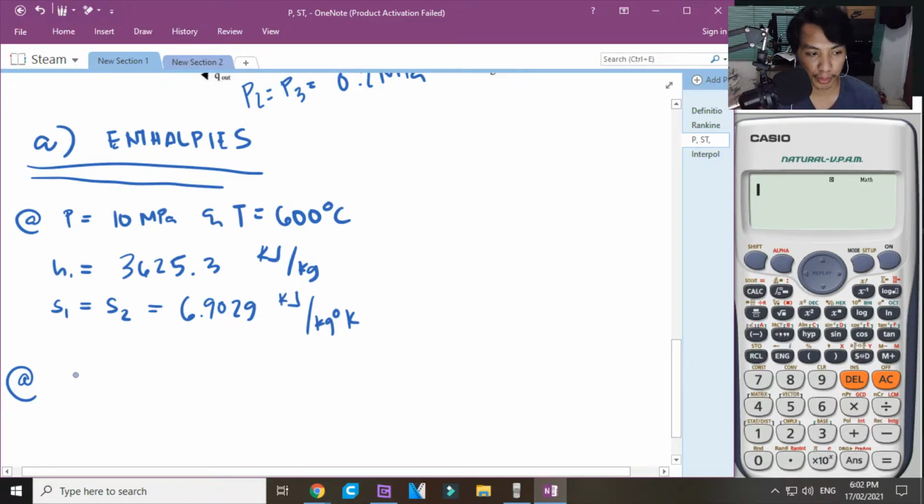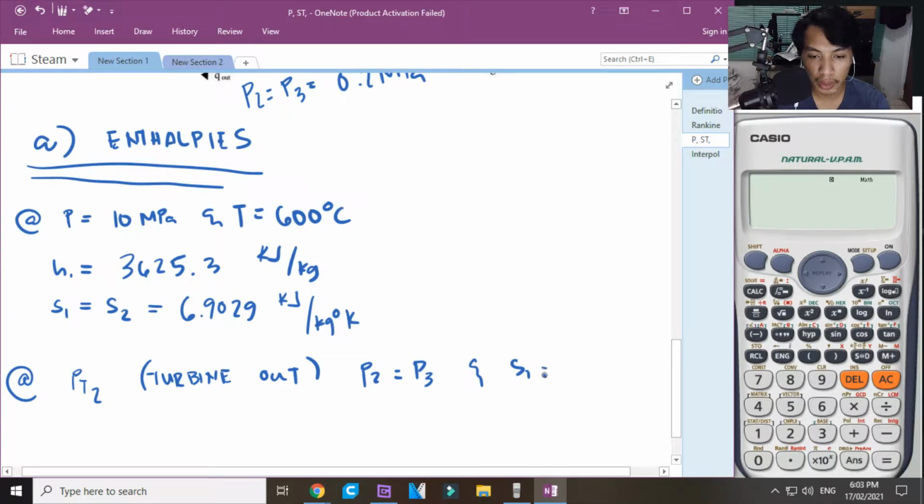At point 2, to the turbine, turbine out. What is given here is only the pressure. So, pressure 2 is equal to pressure 3, and S1 is equal to S2.